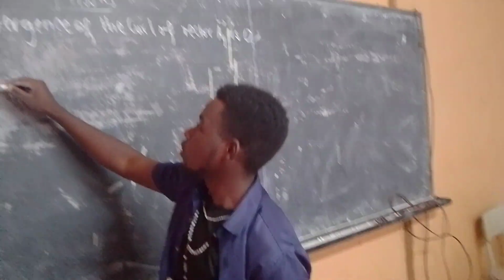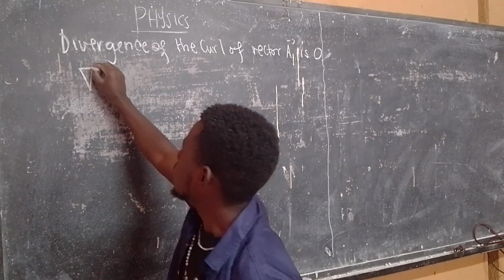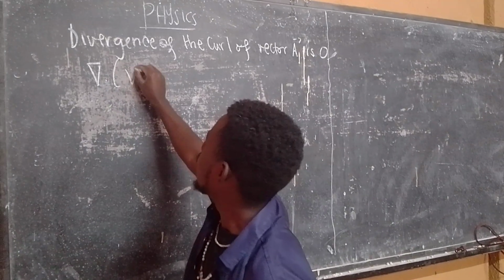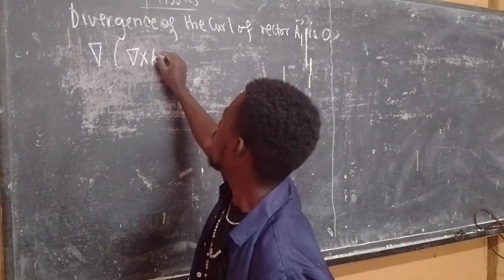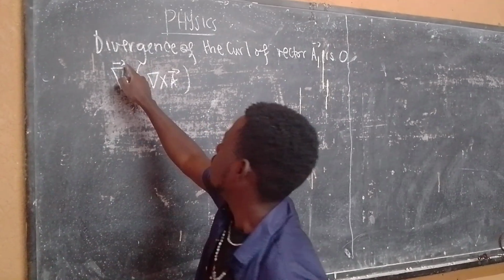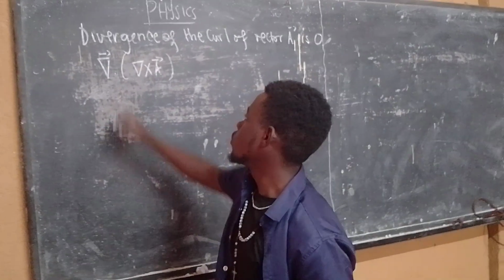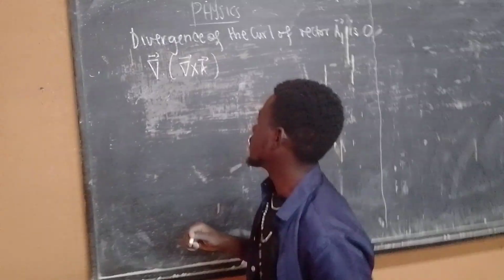And for your information, this mathematically is written as the divergence of the curl of vector A. And this nabla or del operator is also a vector, so you give it the direction.